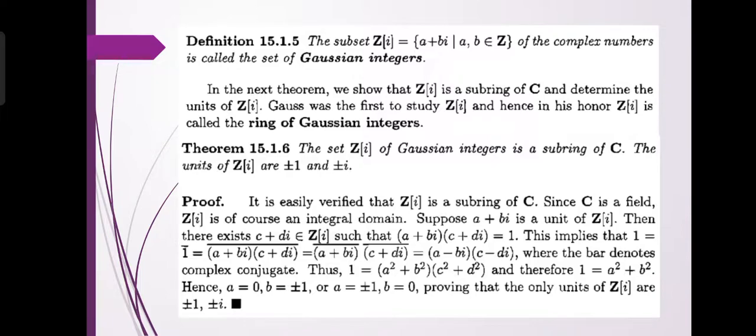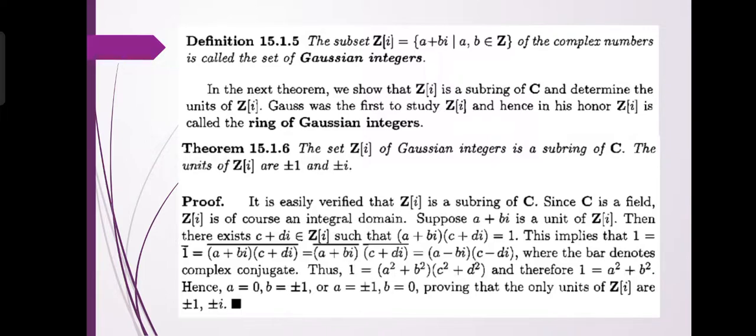Suppose a + bi is a unit of the ring of Gaussian integers. Then there exists c + di belonging to the ring of Gaussian integers such that (a + bi)(c + di) = 1.